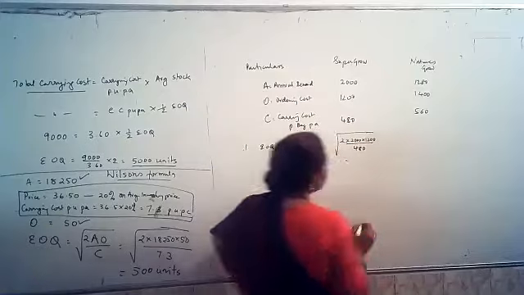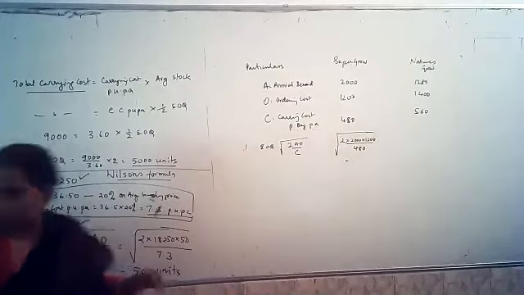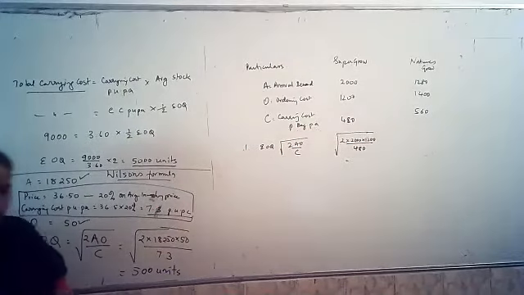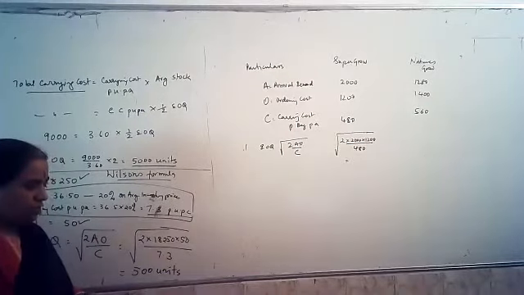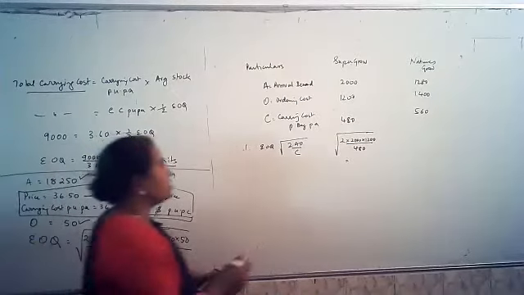How much does it come to? Two into 2000 multiplied by 1200 divided by 480. And you need to remove the root for it. So it is 100 bags.